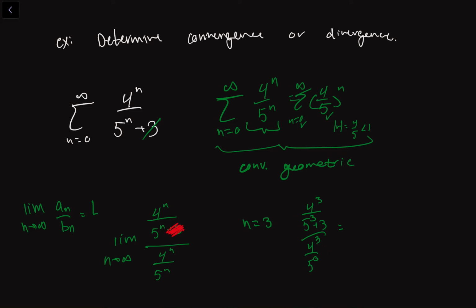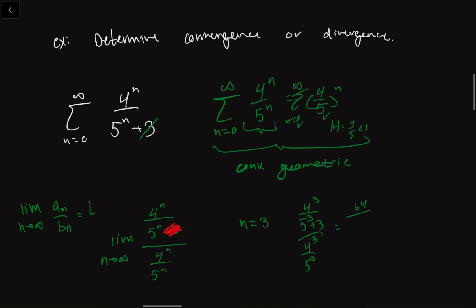So we have 4 cubed over 5 cubed plus 3 over 4 cubed over 5 cubed, right? This is very close to 1. So imagine at infinity that plus 3 is doing virtually nothing. When we compare it like that, these just cancel each other and we get 1, which is a finite non-zero number.